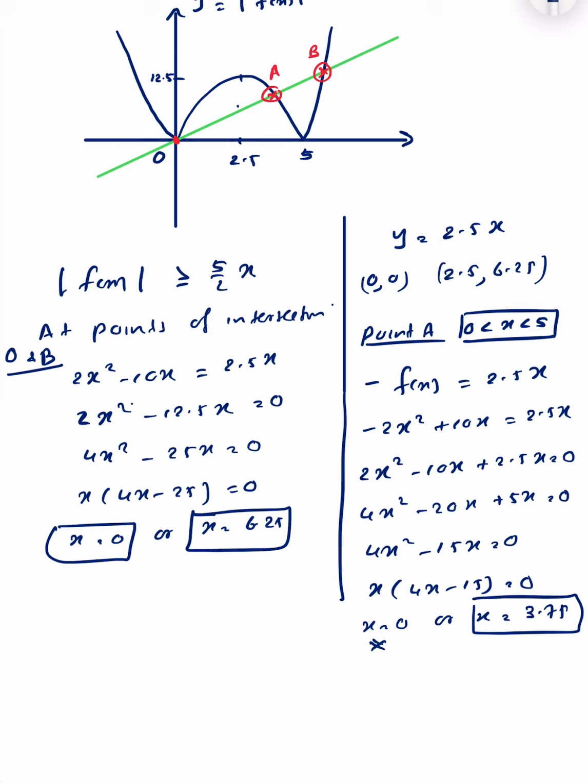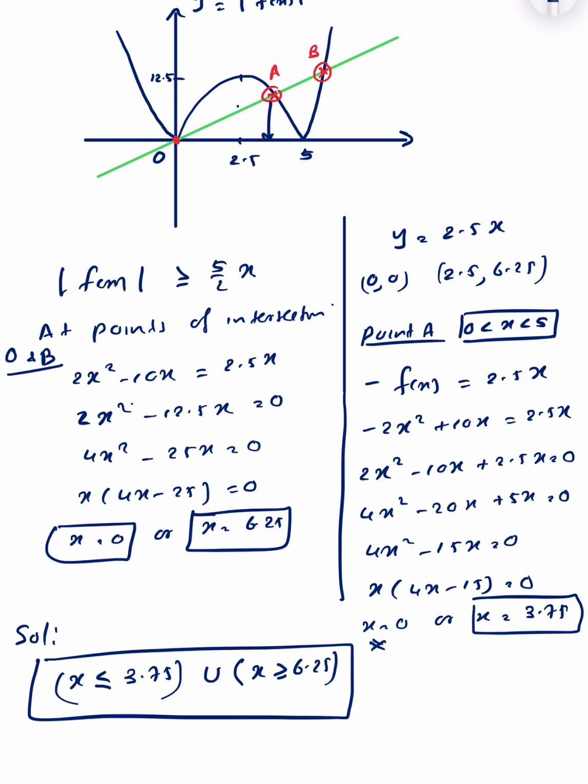You can say until point A, the straight line is below the curve, and it is above the curve only between point A and B. So the solution, we can suggest x being less than or equal to 3.75 union, when x exceeds 6.25 also, the modulus curve is above the line. So this should be our final solution.